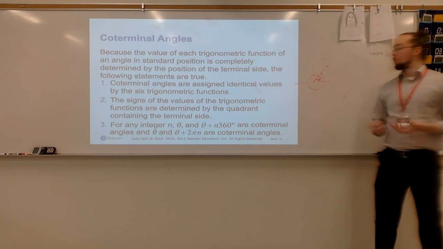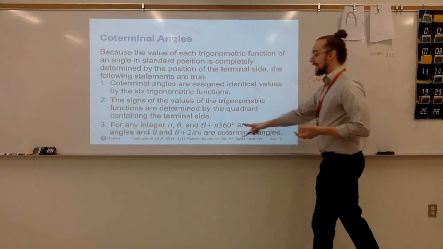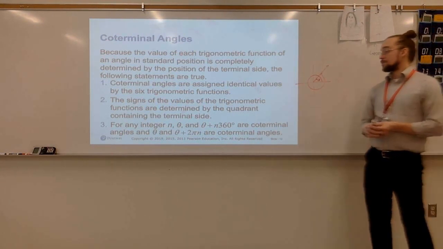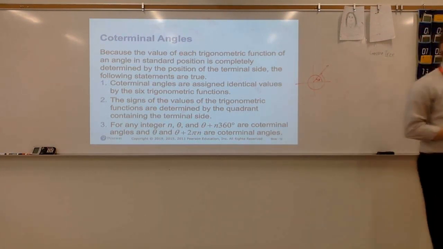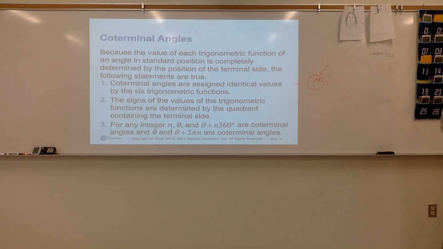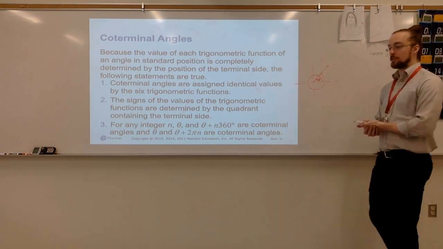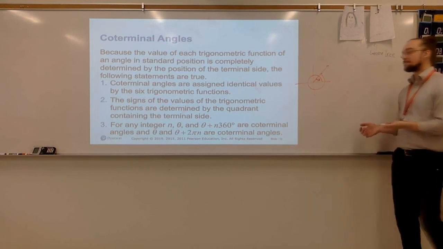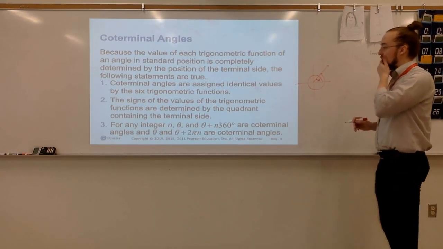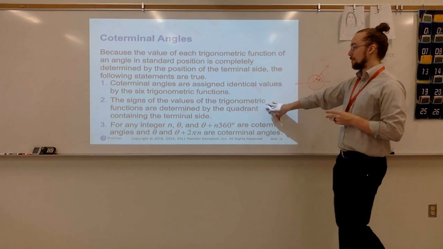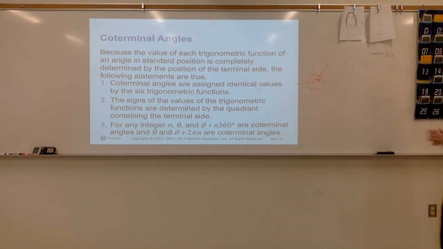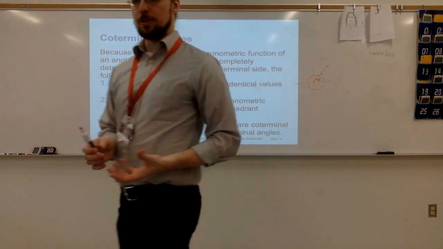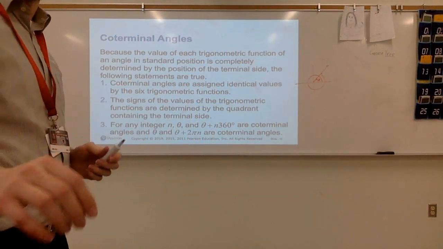Now, one important thing to remember is that n could be a negative value. We could say, I'm going to subtract 360 degrees from the angle. We'll end up in the same spot. Or subtract 720 degrees, and we'll end up in the same spot. And we'll talk about the signs of the trig functions here in a second, which ones are positive and which ones are negative in which quadrant.